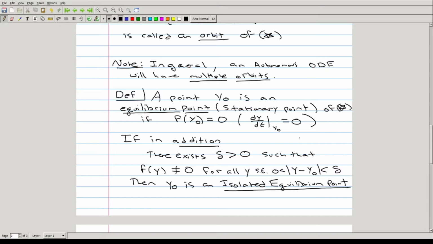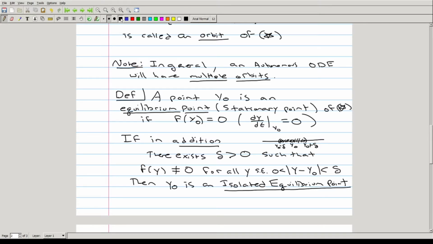So just in pictures, this means that if we have a line for y right here, and y naught is right here, what this is saying is that if there exists a small enough region around y naught, from y naught minus delta to y naught plus delta, where there's no other equilibrium points in that region, so delta can be as small as we want, we call y naught an isolated equilibrium point.